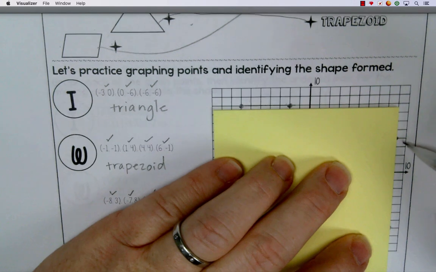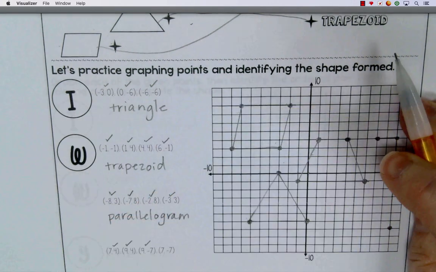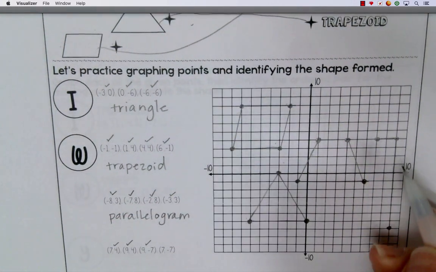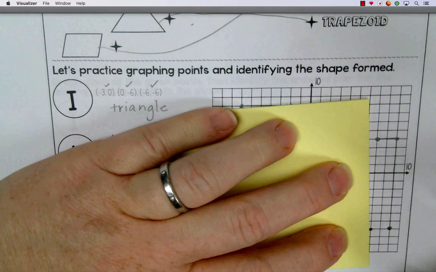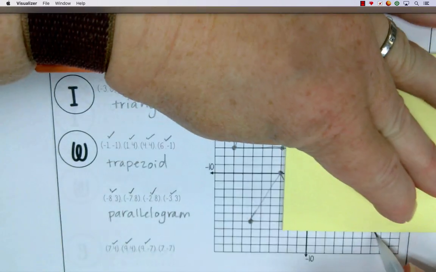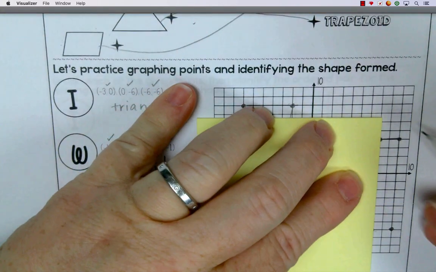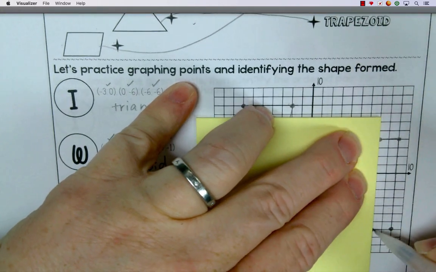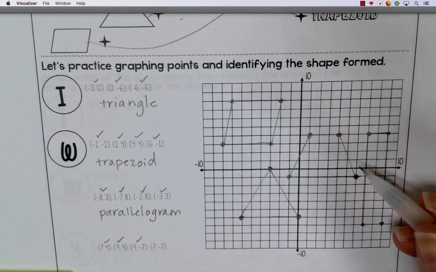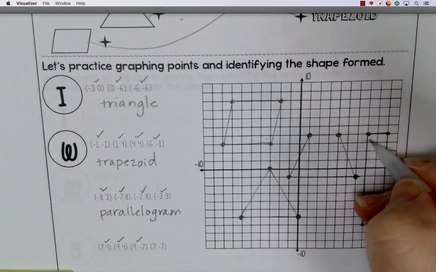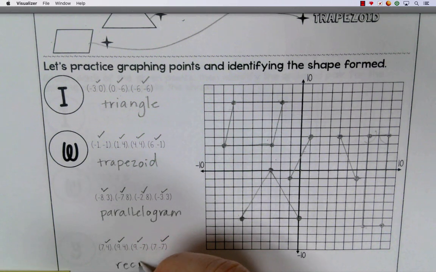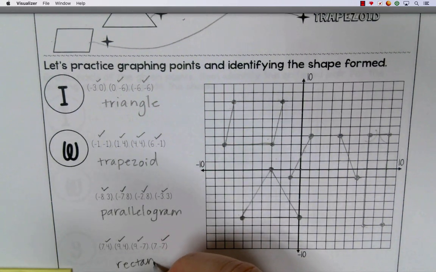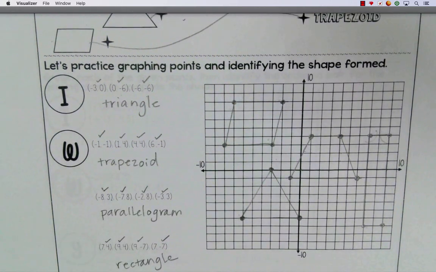Always connect. Positive 7, negative 7. These two, and then these two. And here we have opposite parallel sides with right angles, so that is a rectangle. Perfect.